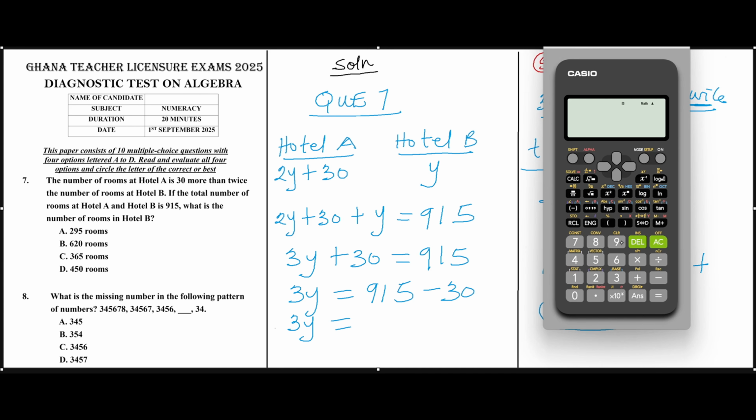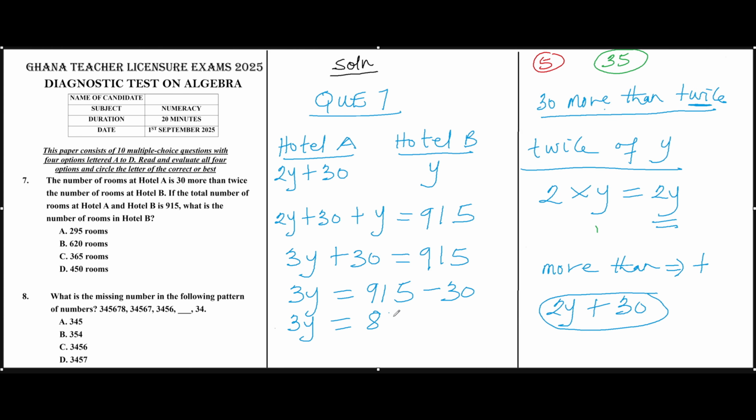So 3Y is equal to 915 minus 30, which is 885.